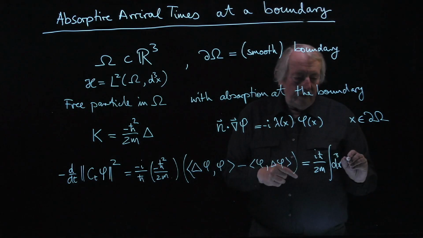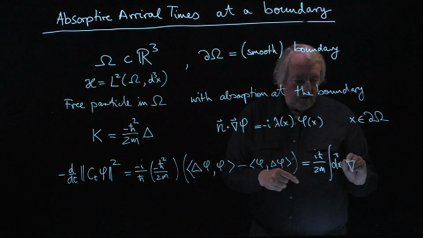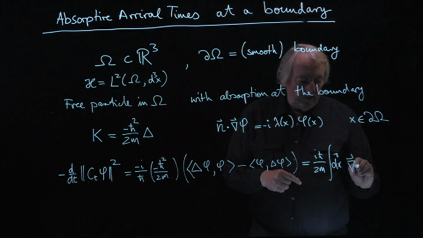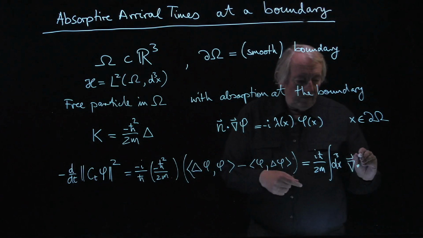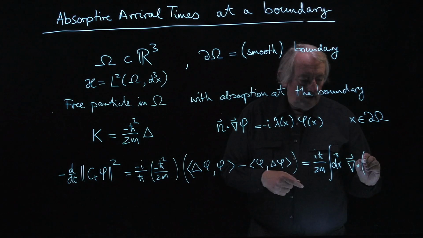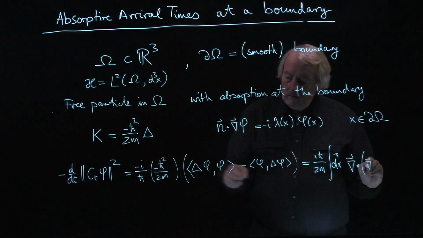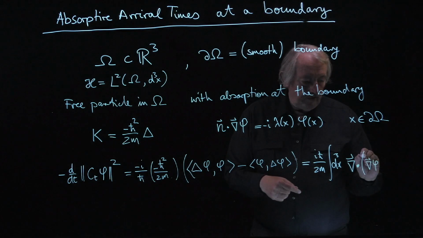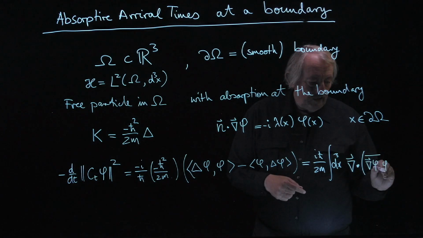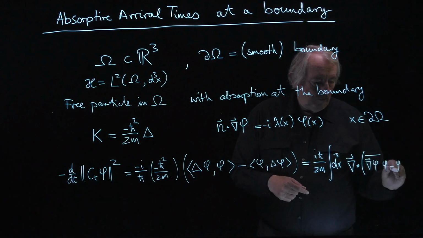And I rewrite that as the divergence of the vector field, that would be the gradient of phi, but complex conjugated, times phi, minus phi bar, the gradient of phi.